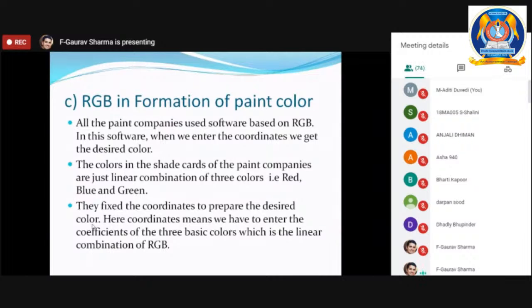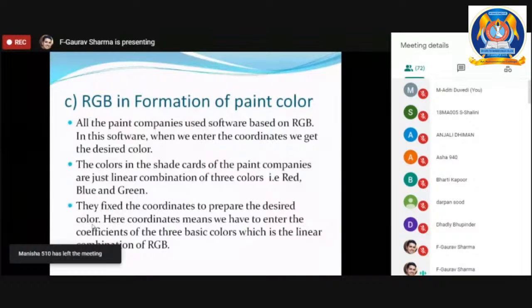In fact, the mobiles you use, wherever there is a screen area, your LCDs, your LEDs, your computers, all use just the basic concept of RGB, right? Whenever you need a pixel, whenever you use a camera, anything is completely based on this basic concept of RGB.